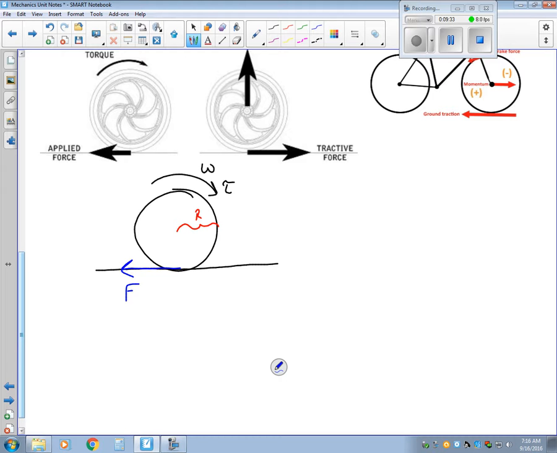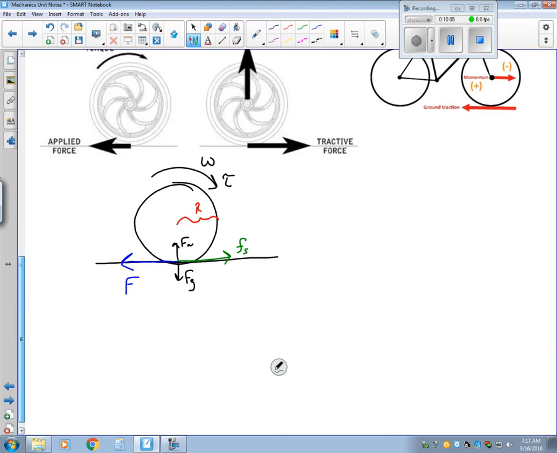And that should make sense. If the wheel is turning clockwise, it's giving a force to the back. However, friction opposes sliding. Now this is going to be static friction, not kinetic. It becomes kinetic if you do a burnout. And then also we have a normal force and a gravity force.